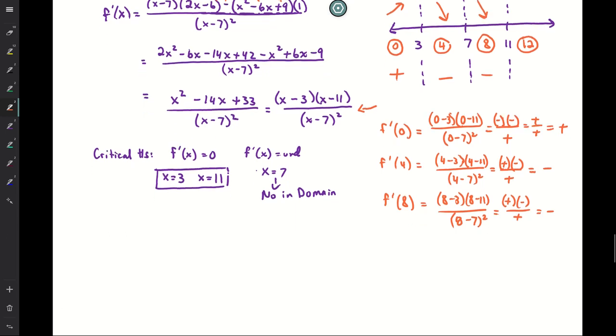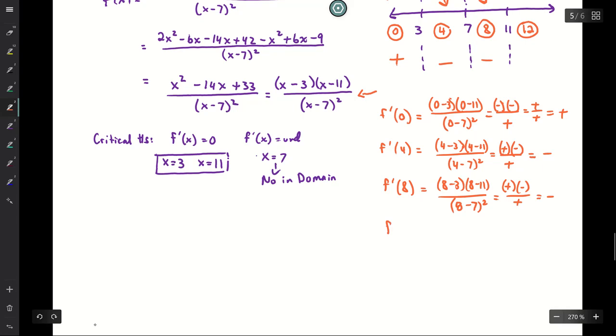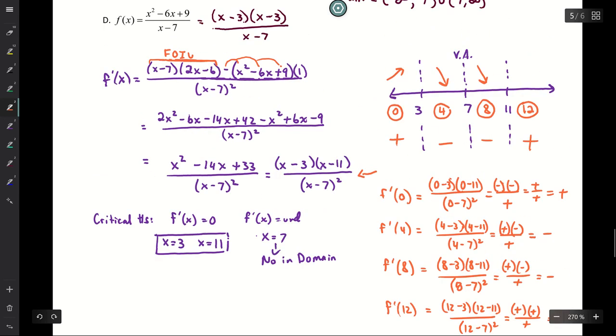All right, and then the last one, f prime at 12. So 12 minus 3, 12 minus 11, and then 12 minus 7 all squared. We're going to get a positive times a positive over a positive. So positive overall there. That would mean I'm increasing.